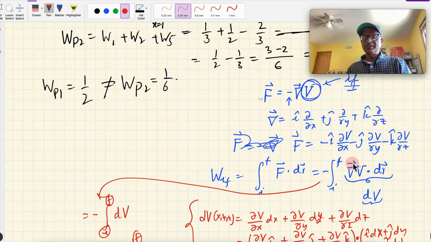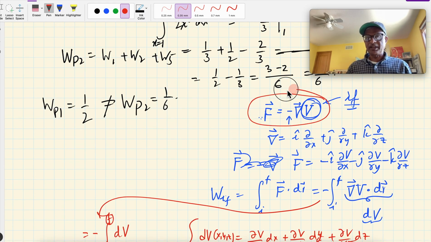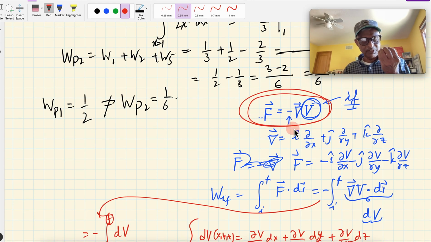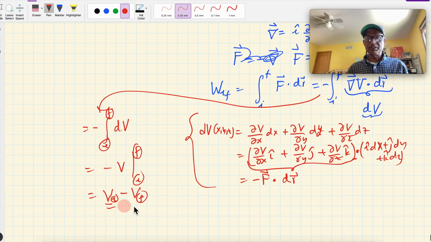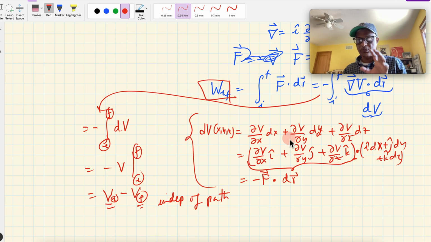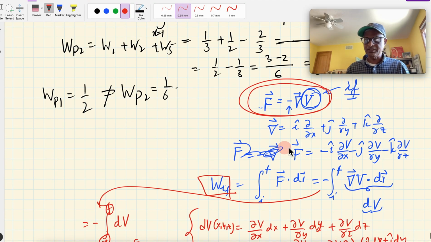If a force can be written like this, then it's called a conservative force. And in the case of a conservative force, the work will be totally independent of path.